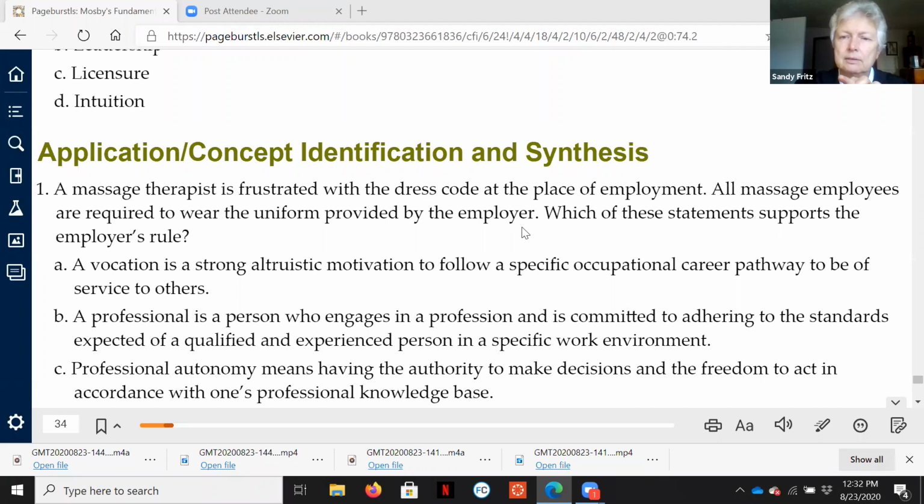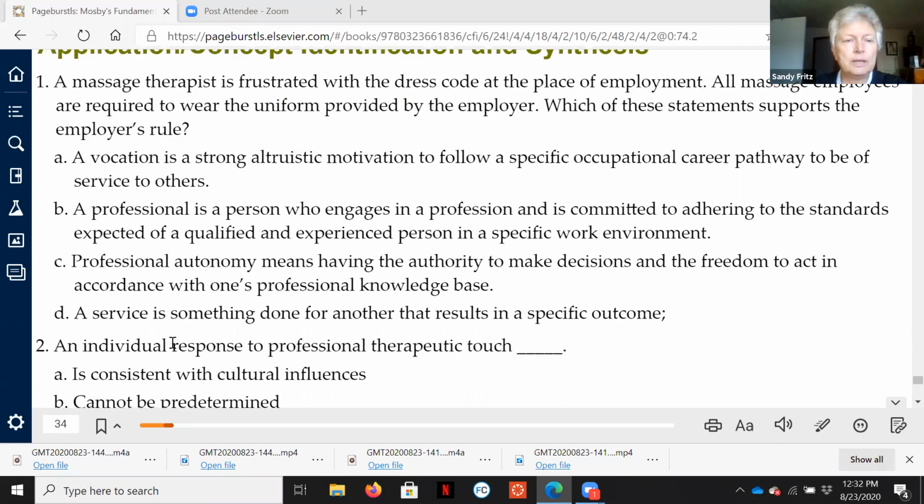And the statement that we're going to pick as the correct answer must justify why this employer can do that and require them to wear a particular uniform. So here are the potential answers. For the most part, they're all about the same length. D down here is a little shorter.